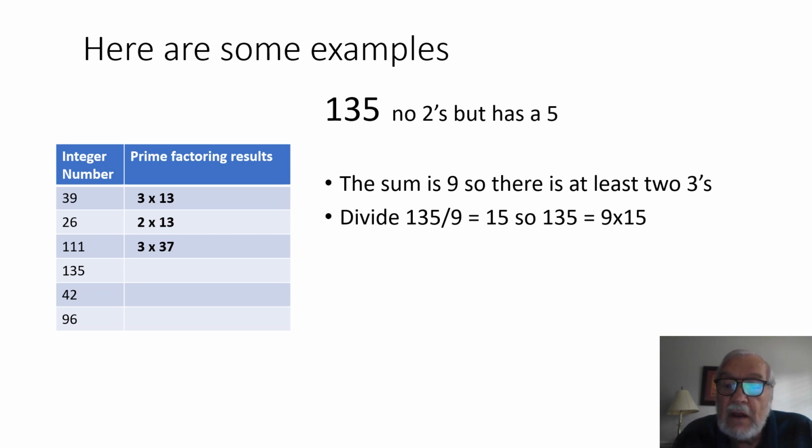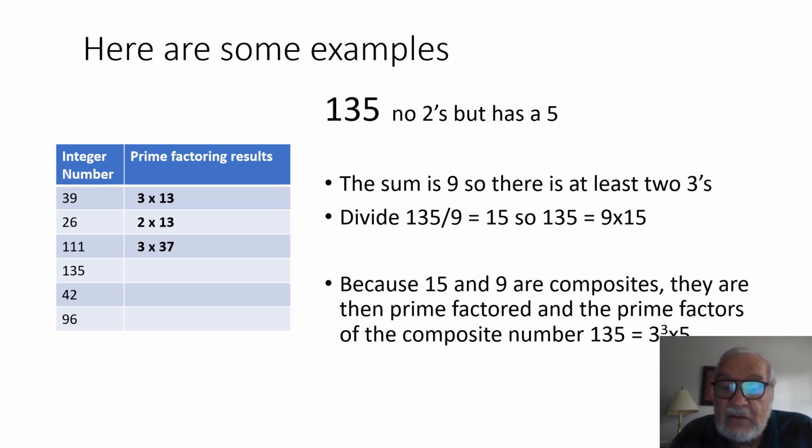Right, so initially the factoring will be 9 times 15, but you should recognize both of those composite numbers can be simplified. All right, and so you're going to have 3 times 3 times 3 times 5, which is 3 to the third power times 5.